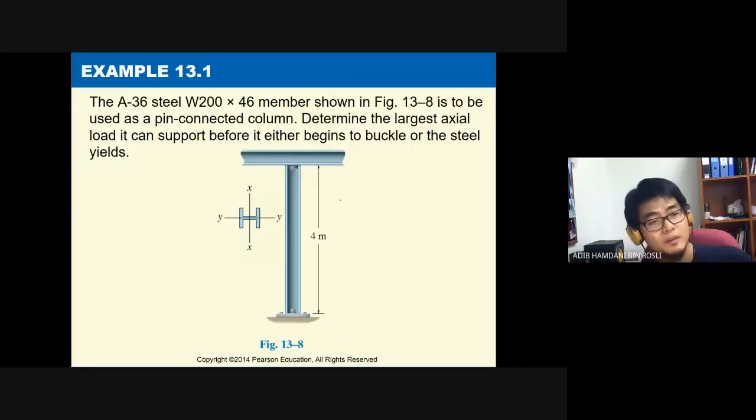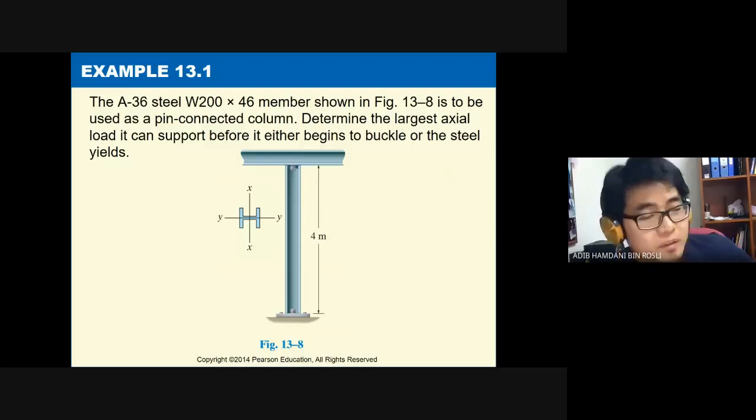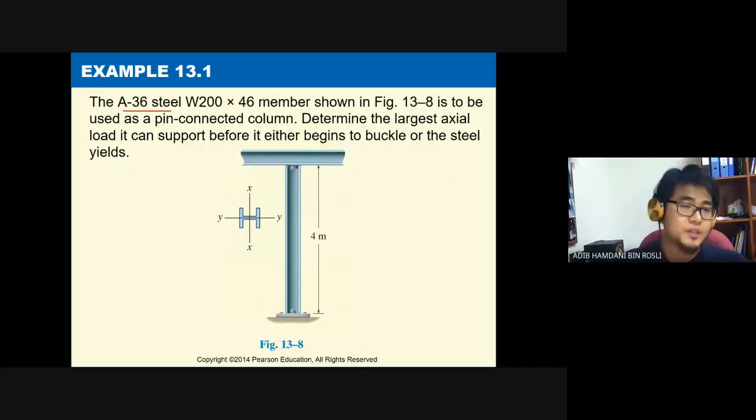So let's look at this example. You have this A36 steel. For this kind of cross section, the member is W200 times 46. You have this data sheet for this W200 times 46, which is a wide flange beam.